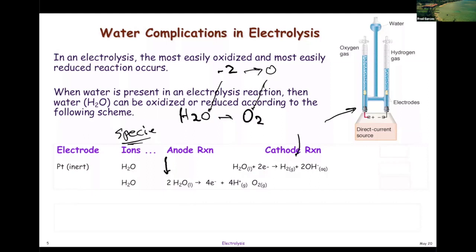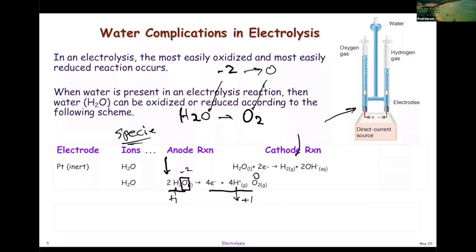Here you can see that the water is undergoing oxidation. The element that is undergoing oxidation is oxygen. It's going from -2 to 0. The hydrogen is still +1 on both sides, so that's not undergoing any type of reaction. So that's the oxidation state change at the anode.